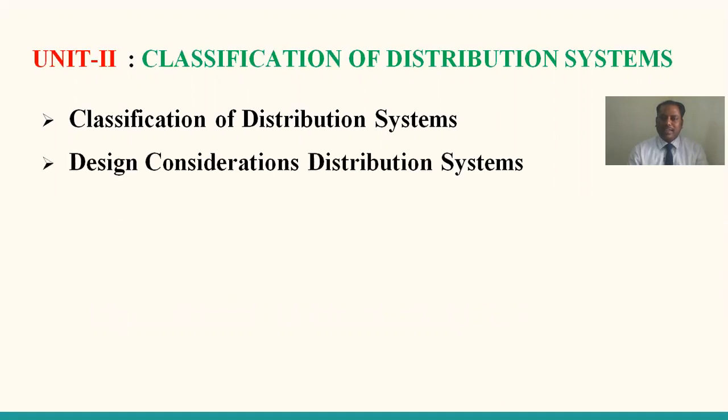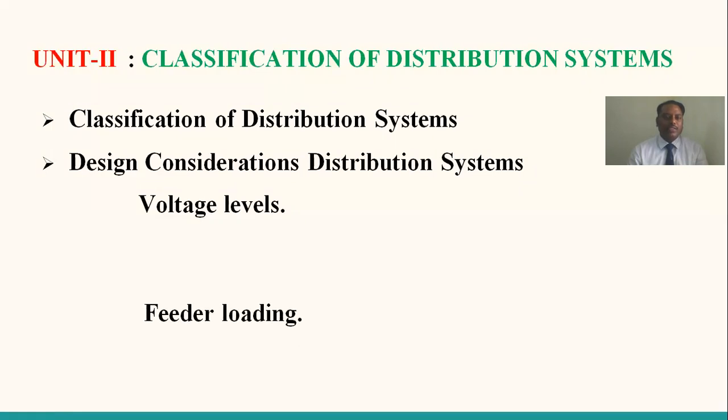In this unit we also discuss the design considerations of the distribution system. Basically, a distribution system consists of 2 parts: the primary distribution, which has feeders, and the secondary distribution, which has distributors. Those design considerations are mandatory for us, and they are discussed based upon 2 parameters: the voltage levels and the feeder loading.